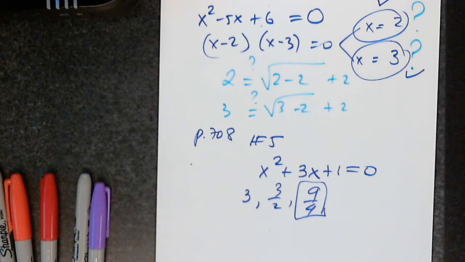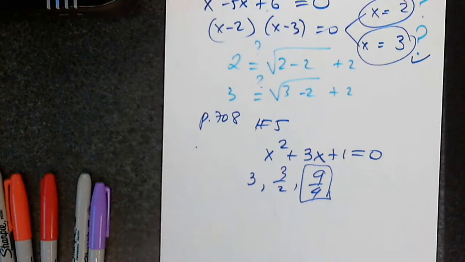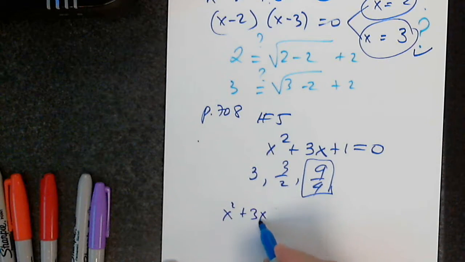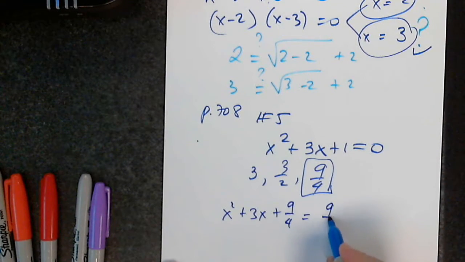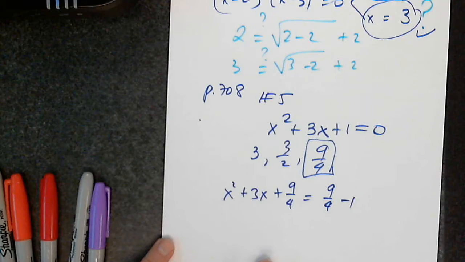So he said, divide the middle coefficient by 2 and then square it. So the next step would be x squared plus 3x plus 9/4 equals 9/4 minus 1.